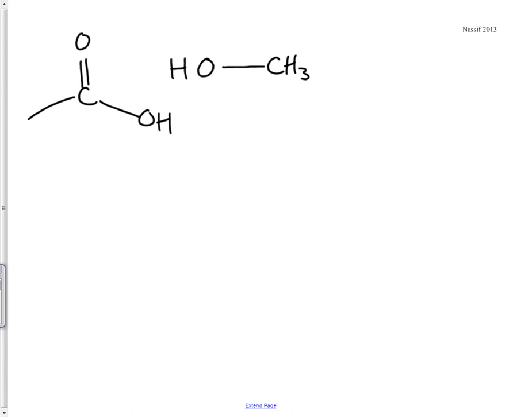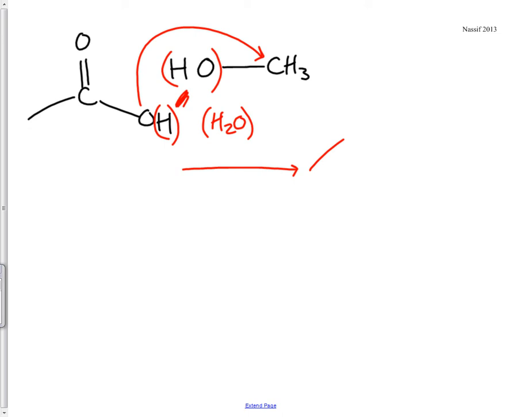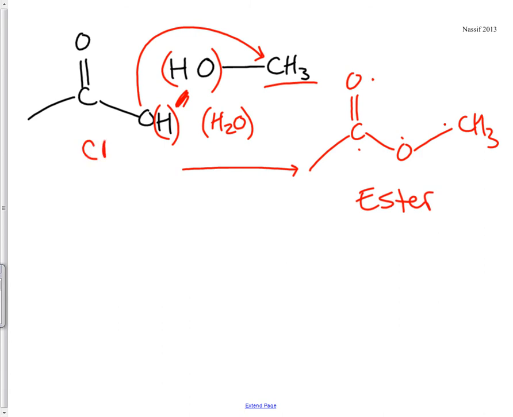So what we can envision here is that this H and this OH are combined and water is formed. When that water is removed, this oxygen is directly connected to this R group to form the ester, giving us our final answer of COO, and then whatever the R group is. In this case, the R group is our CH3. When we have this COOR group, that is our ester, made from our carboxylic acid and our alcohol.